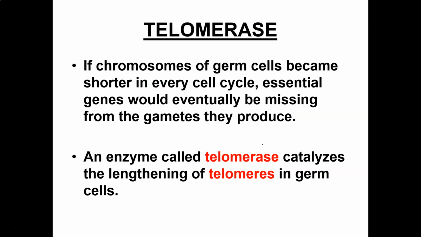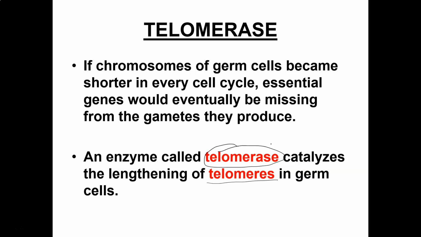Some cells, not all, but some, have an enzyme called telomerase. And telomerase allows those cells to lengthen their telomeres. So this is important, for example, in the stem cells that give rise to germ cells, gametes, egg and sperm, and white blood cells, some of which have to multiply many times during your lifetime. They have this telomerase enzyme.